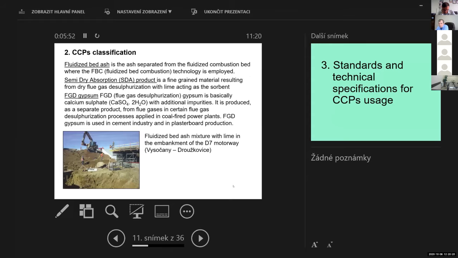Finally, there are some materials from desulfurization, semi-dry absorption SDA product, or FGD gypsum, which is used especially in cement production and in plasterboard production. One part is also the fluidized bed ash, the ash separated from the fluidized combustion bed where the FBC technology is employed. And that material was also used in several projects of road construction in Czech Republic.